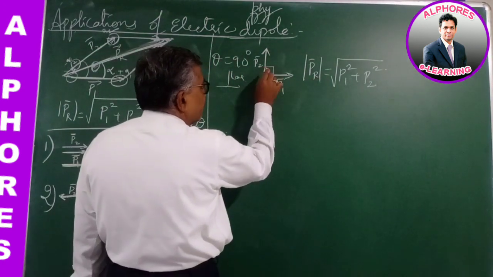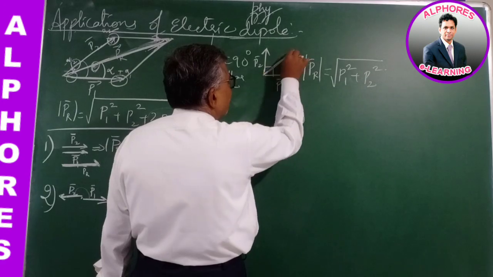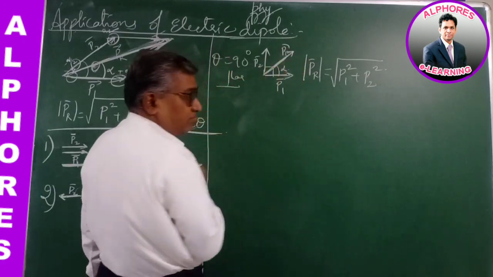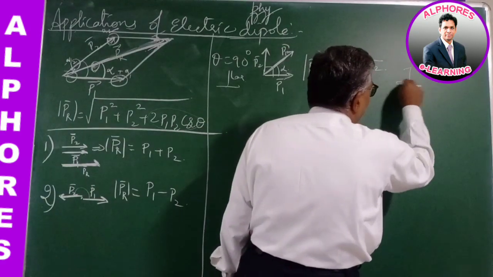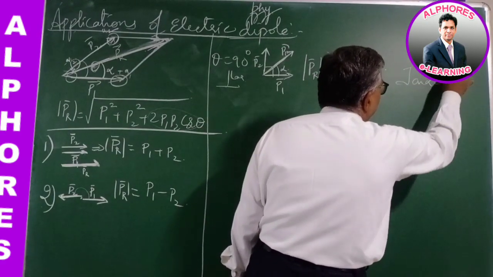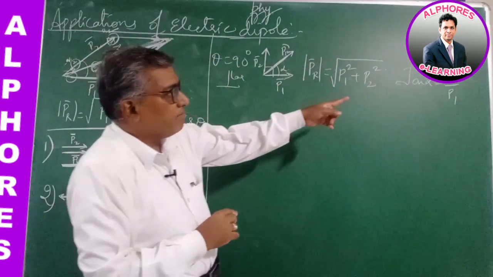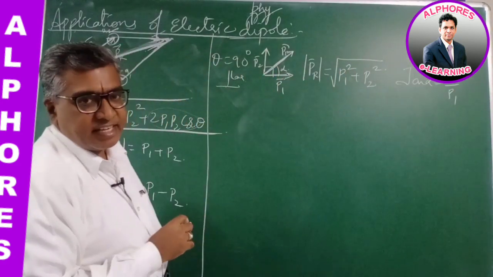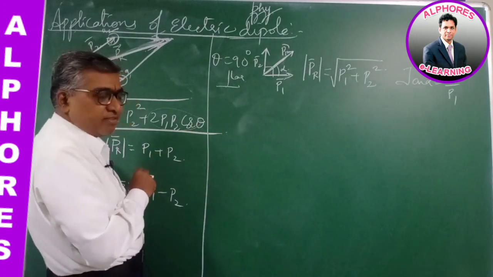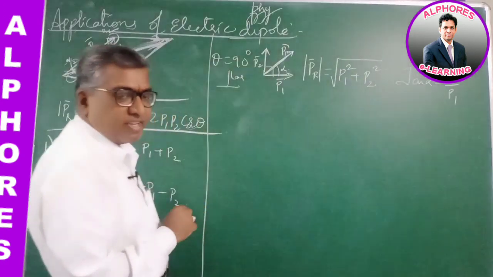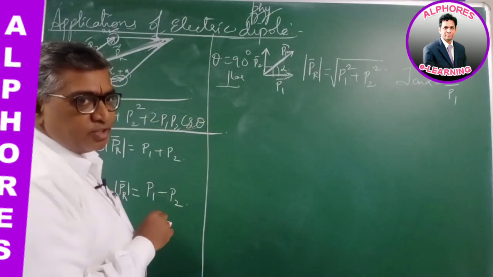The resultant dipole moment will be in this direction, where the angle is alpha. Then tan alpha is given as P2 by P1. Alpha is the angle made by the resultant dipole moment with the first dipole. Magnitude is root of P1 square plus P2 square when they are at right angle to one another.